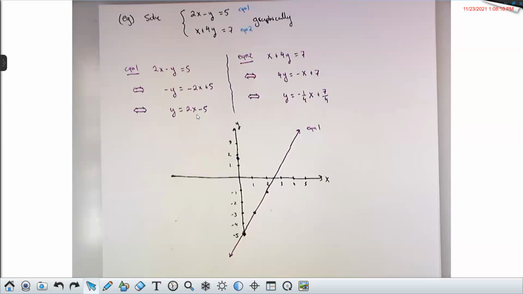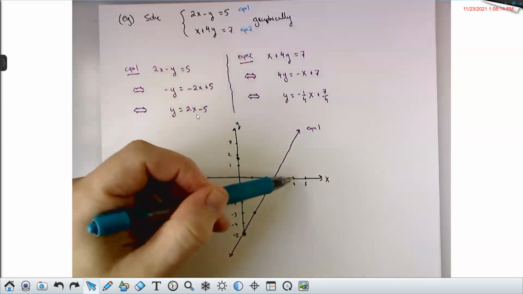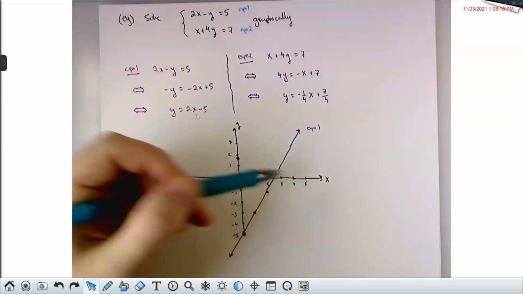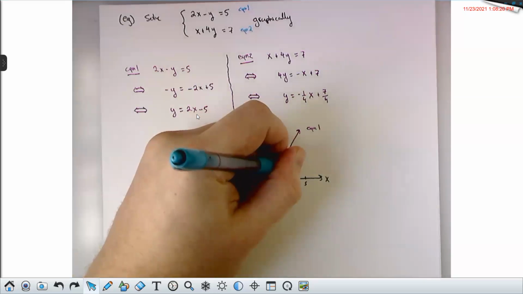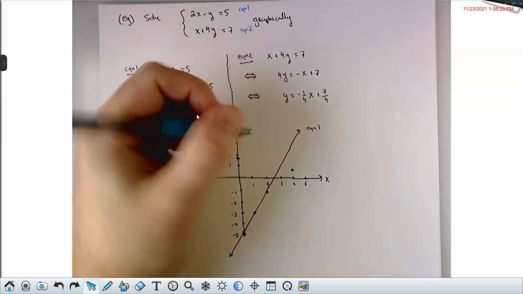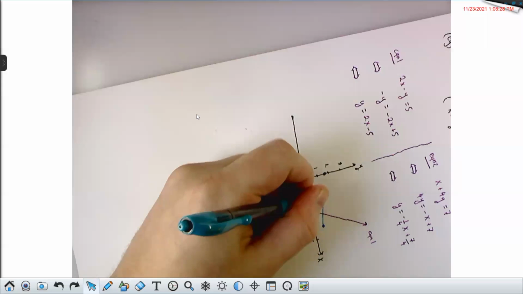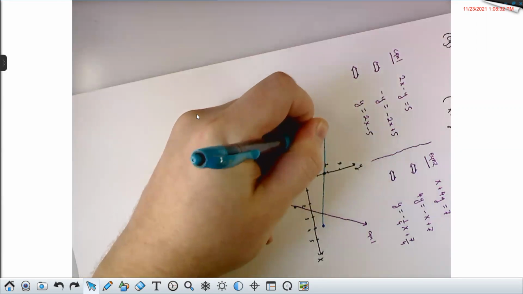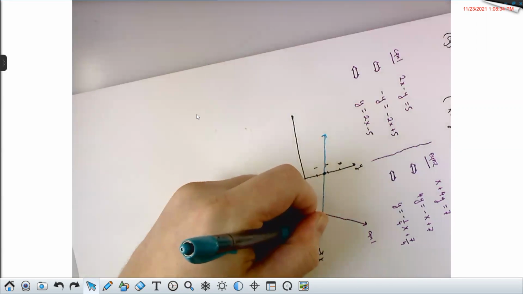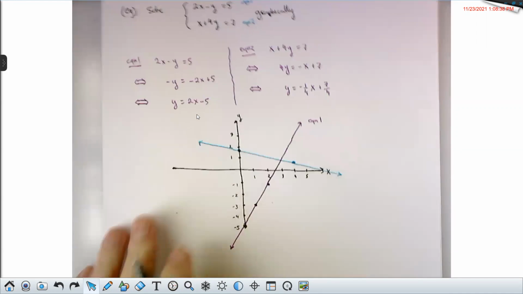So if I come over 4 units, 1, 2, 3, 4, I will have come down 1 from 1 3/4 to just 3/4, which is right about here. So it's not perfect. I am limited in my art skills and limited in my estimation skills, but there's the graph of equation 2.